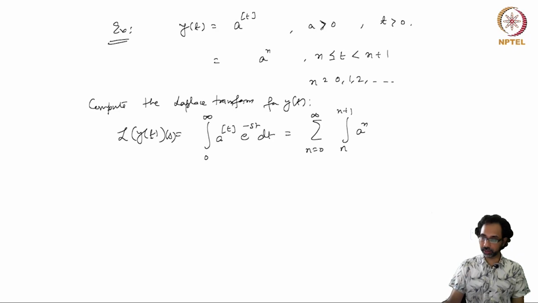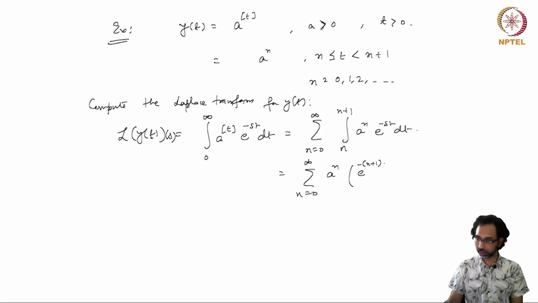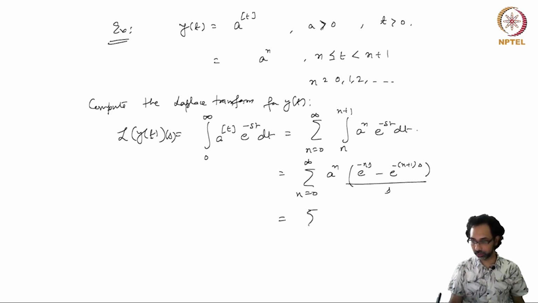of a to the power n e to the power minus st dt, and this is nothing but the sum n equal to 0 to infinity of a to the power n times e to the power minus ns minus e to the power minus (n plus 1)s over s. So this can be written as the sum n equal to 0 to infinity of a to the power n.